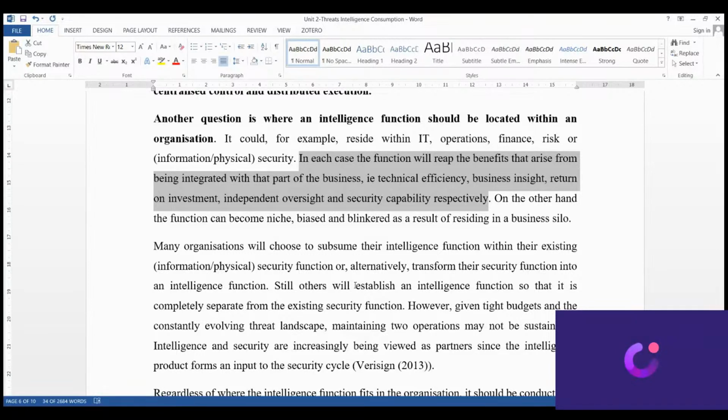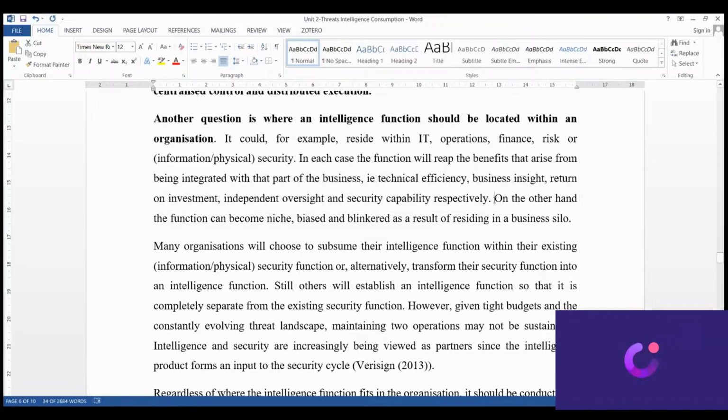Whichever the case, you can reap the benefits of that. It depends on the sensitivity of the operations or the particular business being undertaken in that department.